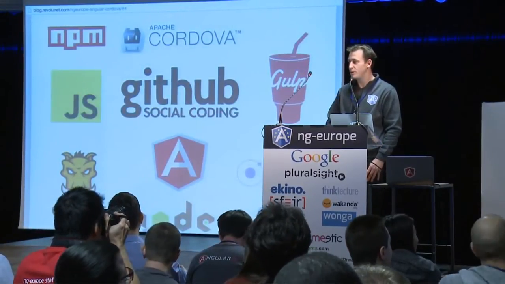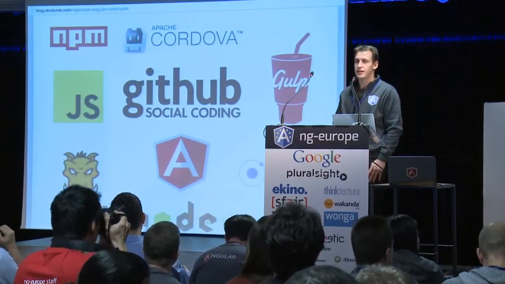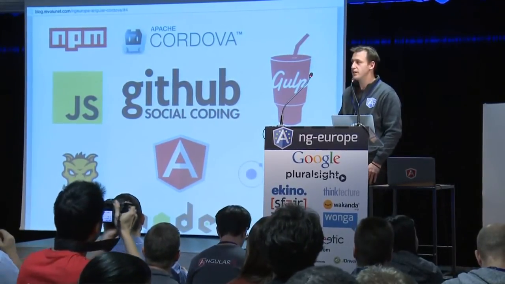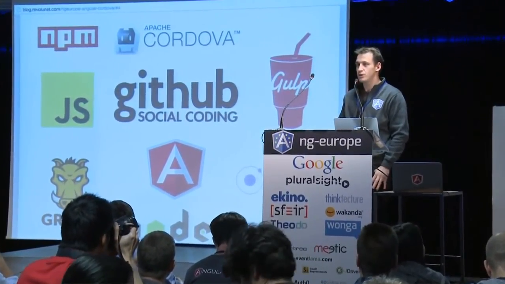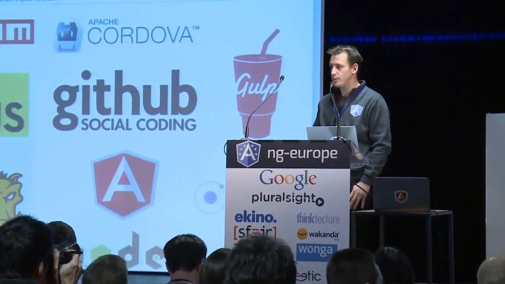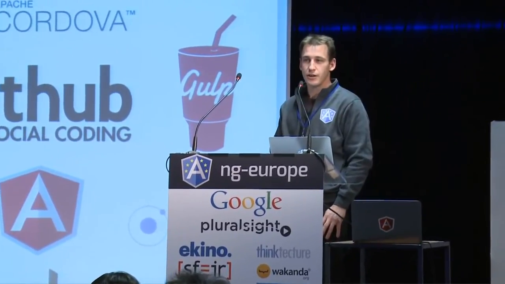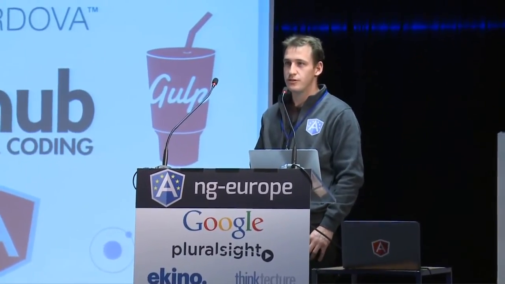So I'm really proud to be here today and to be a part of the open web community. Today I want to share with you some insights about mobile application development using AngularJS, Cordova, and other open source technologies.